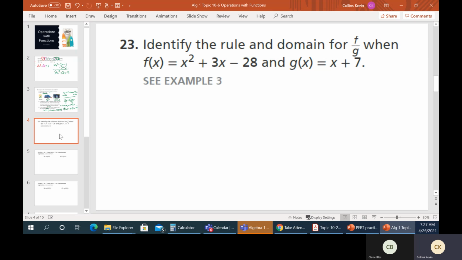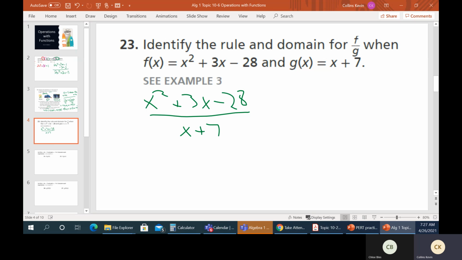Okay, so that would look like this. They're just saying we're going to have the f function on top. So it's x squared plus 3x minus 28, right? And that's going to be over x plus 7.